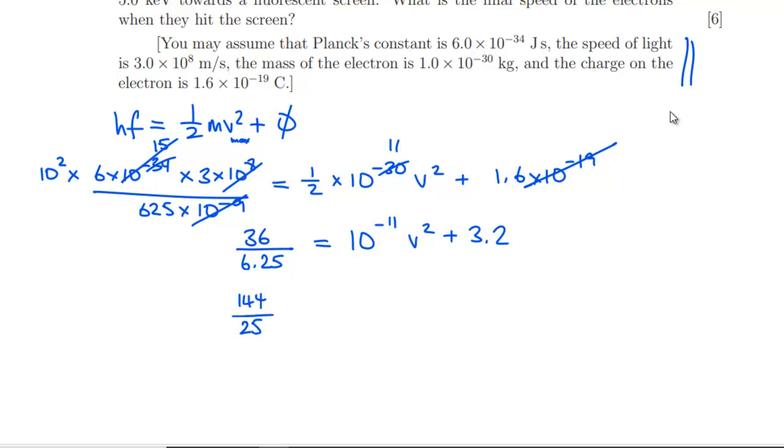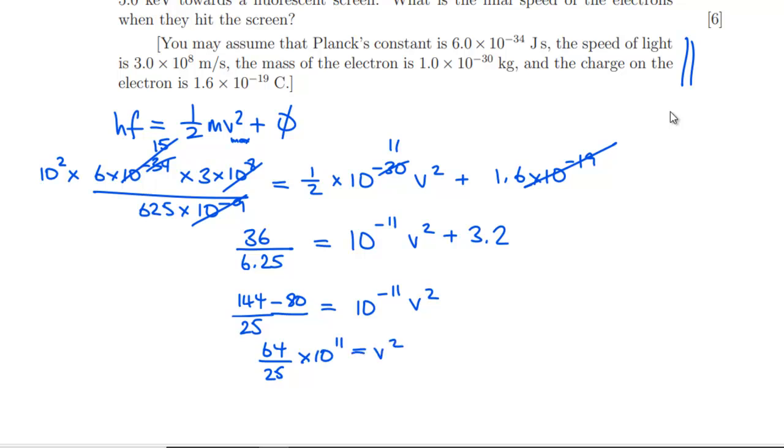Then we've got to take off the 3.2. So 3.2 times 25 is 80. So take off 80, and that is 10 to the minus 11 V squared. So that's 64. Oh, excellent. 64 over 25.